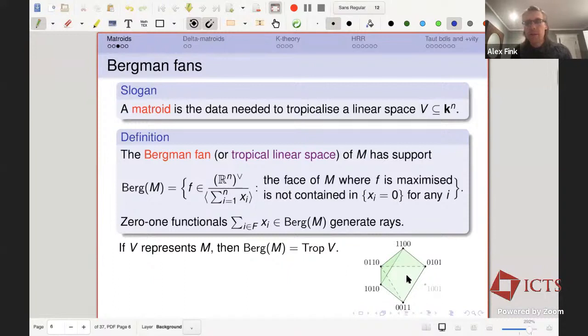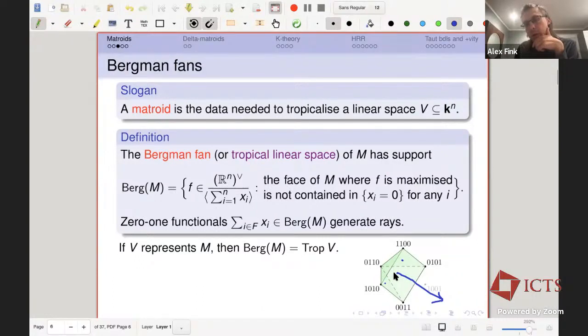So for the example, which I've drawn back here, there are 3 faces like this quadrilateral facing us, that no coordinate is constant 0 on that face. So I include the ray through that face in my Bergman fan. And then I have 2 more faces at the left and right on the back, these 2 triangles, this one and this one.